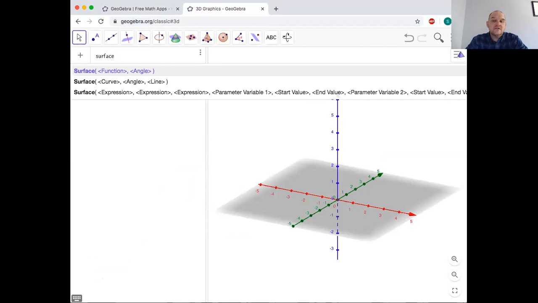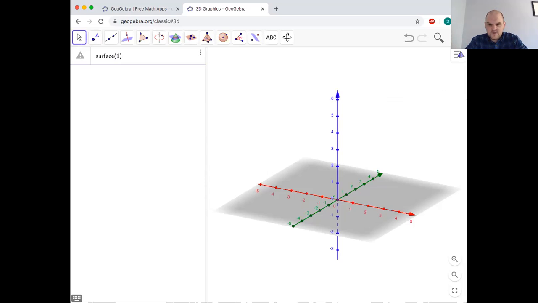So surface is a lot like curve, but you need two parameters, and you need to stipulate what each of them can do. So it's going to be surface. X is going to be 10 cosine of t. Y is equal to v, and z is going to be 10 sine of t. And then I'm going to say t can be between 0 and 2 pi. Then comma v can be between 0 and 4.